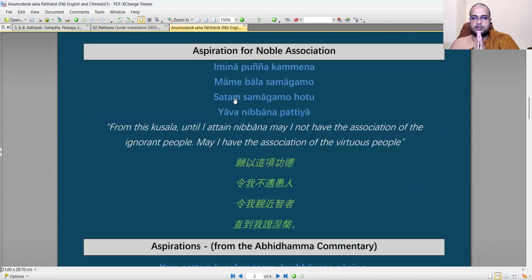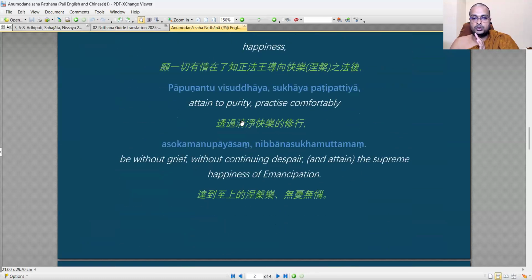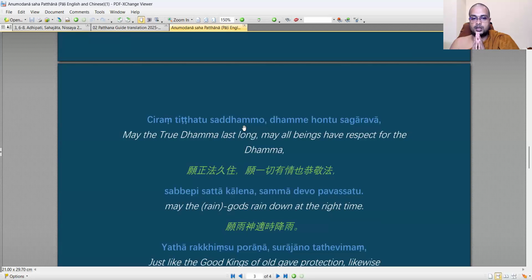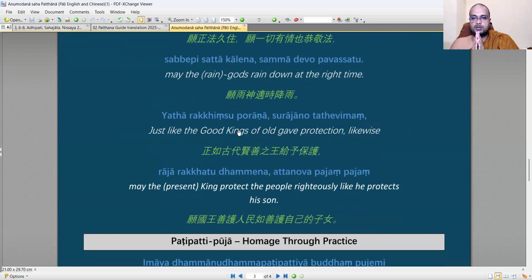Imina punyakammena mame bala samagamo, satan samagamo hotu yava nibbana pattiya. Yang pattang kusalang tassa anubhavena panino sabbe, saddhamma rajassa nyatva dhammang sukhavahang, papunantu visuddhaya sukhaya patipattiya, asoka manupayasang nibbana sukhamuttamang. Cirang tiṭṭhatu saddhammo, dhamme hontu sagarava sabbepi satta, kalena sammadevo pavassatu.